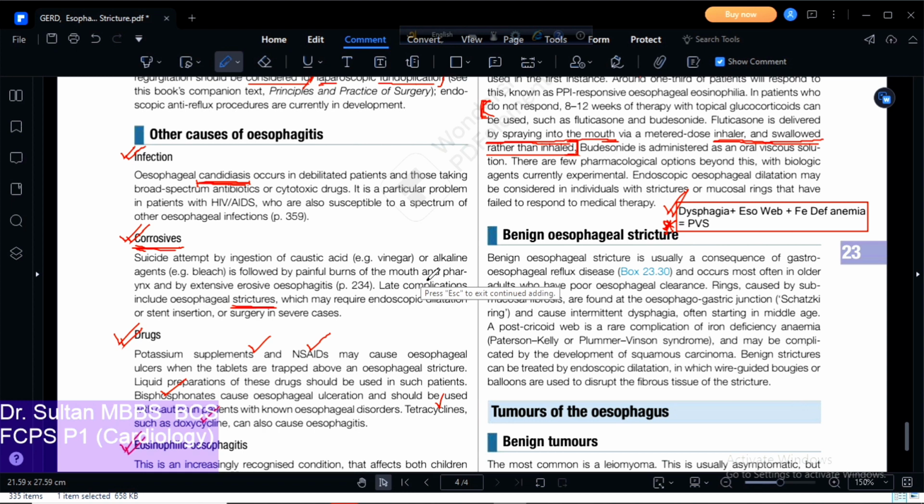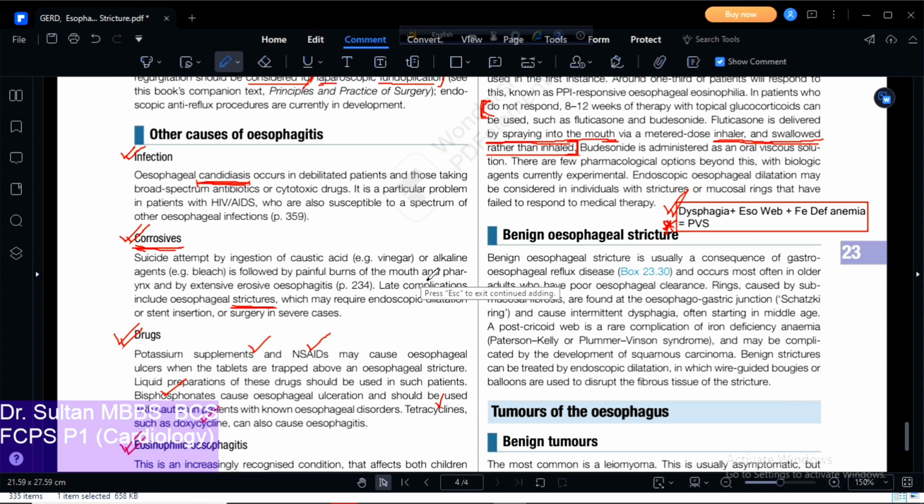Some corrosive agents: people making suicidal attempts ingest caustic or alkaline agents, and they can cause inflammation and esophagitis, and later they develop esophageal stricture. Some drugs are very important, as they can also cause esophagitis, like potassium supplement, NSAID, bisphosphonate, tetracycline, doxycycline.